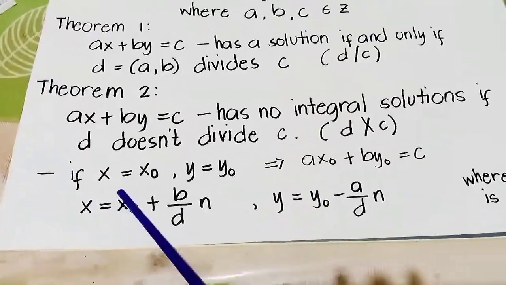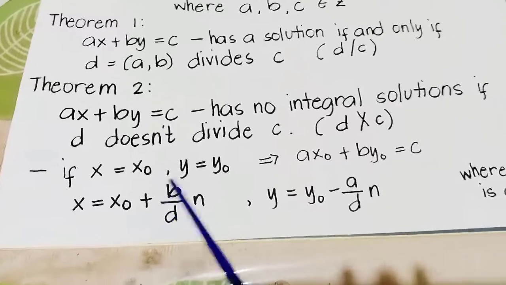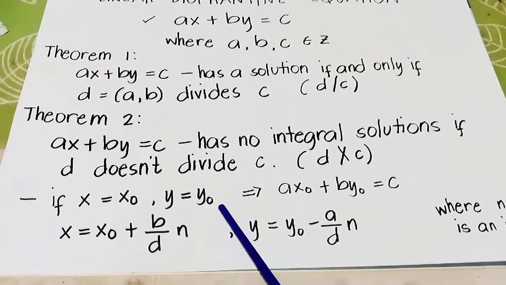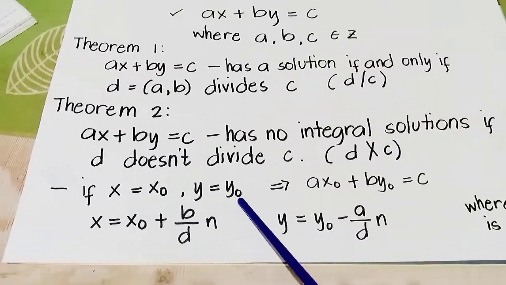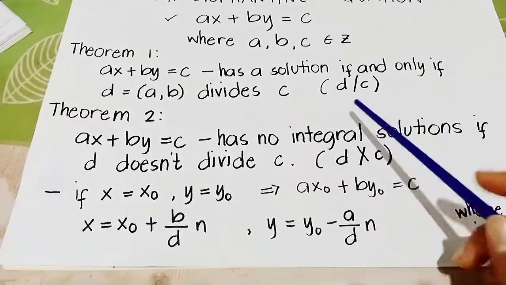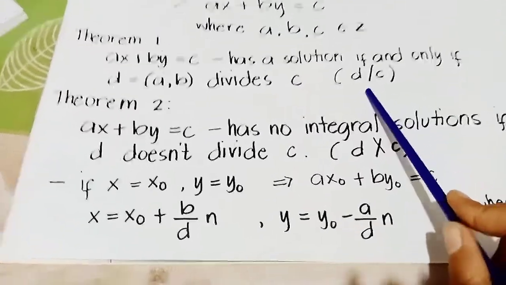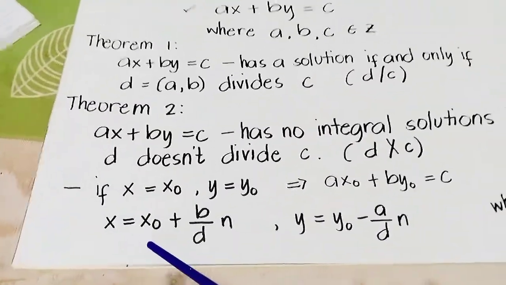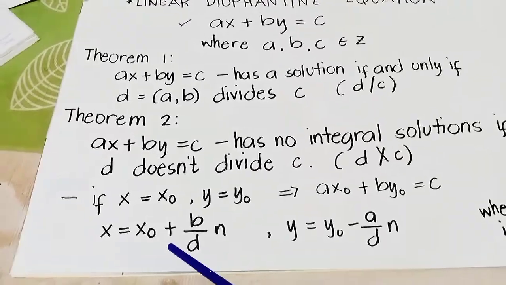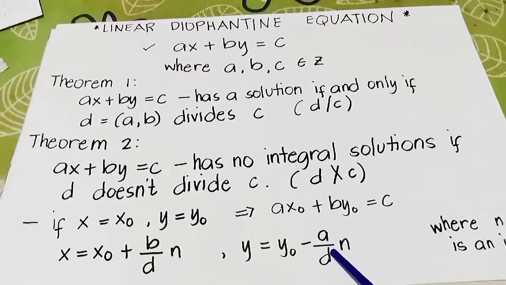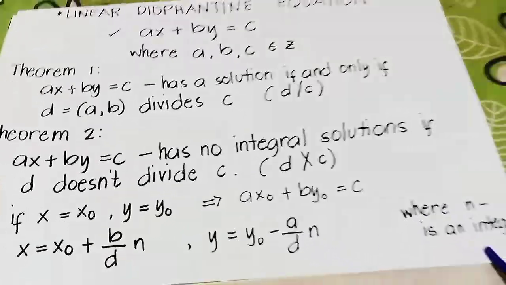Moreover, if x equals x sub o and y equals y sub o is a particular solution of the equation when d divides c, then all solutions are given by x equals x sub o plus b over d times n, and y equals y sub o minus a over d times n, where n is an integer.